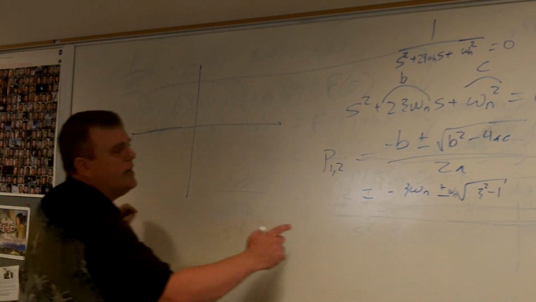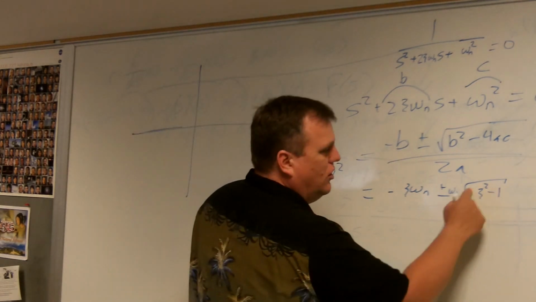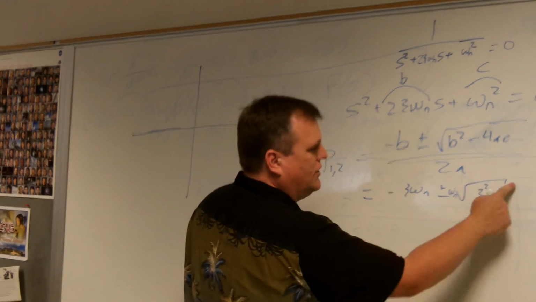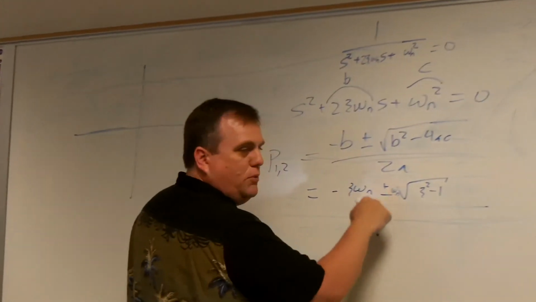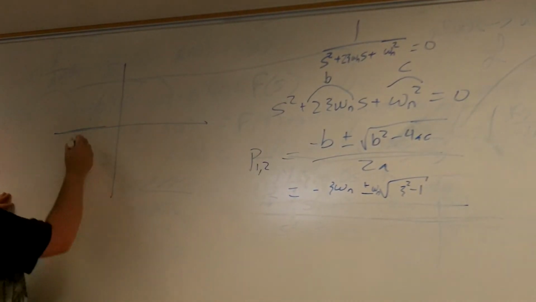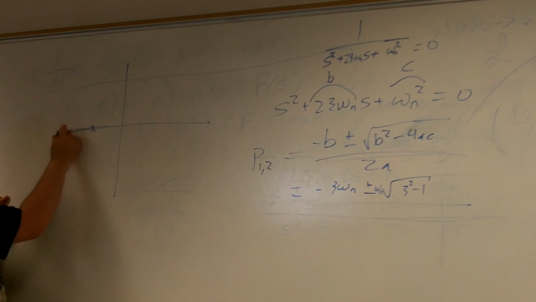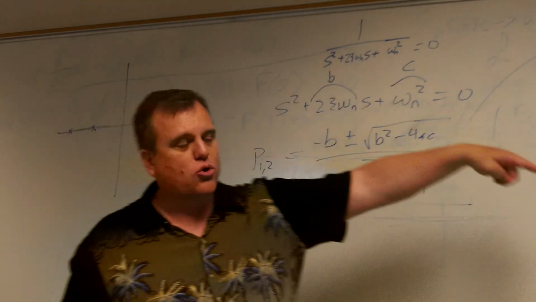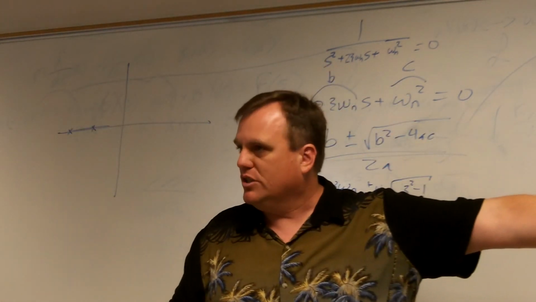So if zeta squared is bigger than 1, this is positive and real, it's a real plus or minus a real, and you've got 2 different poles right on the axis. That's telling you something about what's going on, because we could take this same thing and correspond it to the damping coefficients and everything.